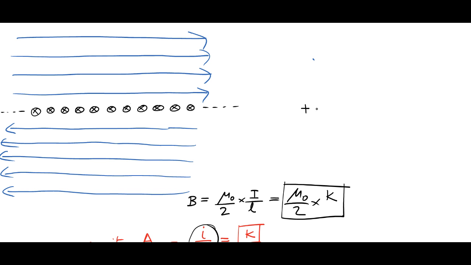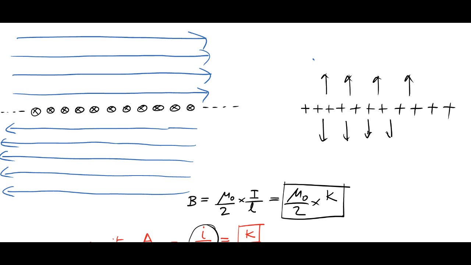So if I have an infinite plane of charge like this, this is the side view. It looks like a line, but it's actually a plane because it's the side view. Then this plane of charge generates an electric field going away from it because they are positive charges. If they were negative charges, the field would be towards it. But the field goes away from these positive charges on both sides. And this field is uniform. This field is also uniform.